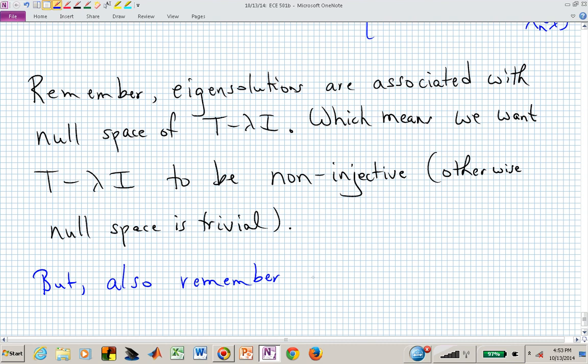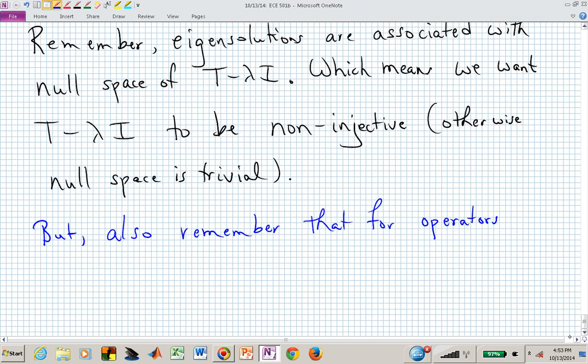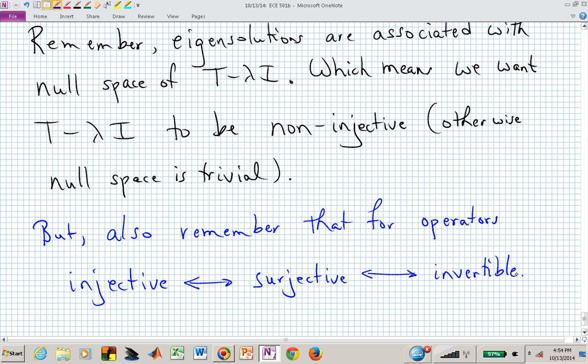But also remember that for operators, if that operator is injective, then that's true if and only if the operator is surjective, which is true if and only if the operator is invertible. And now we don't have injective, so we don't have surjective and we don't have invertibility.